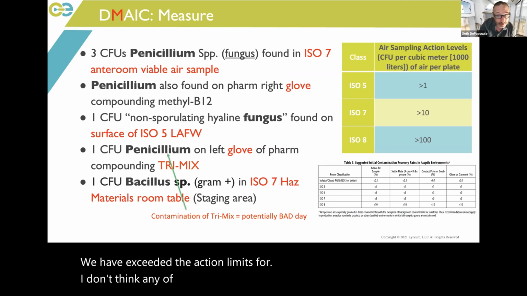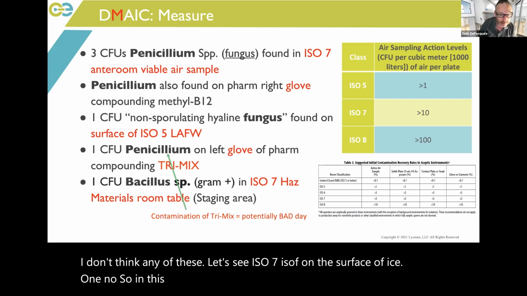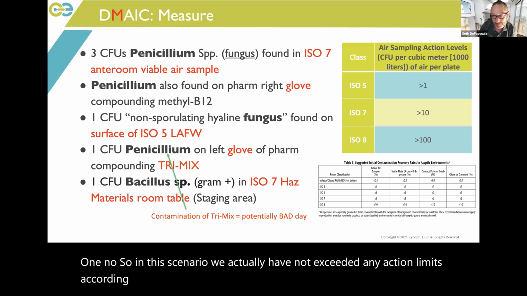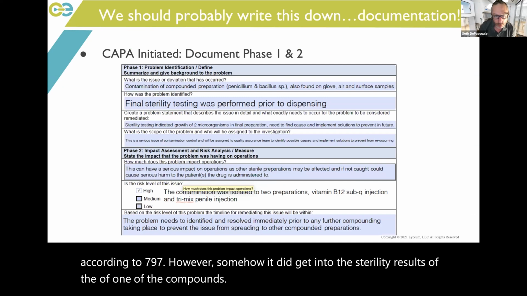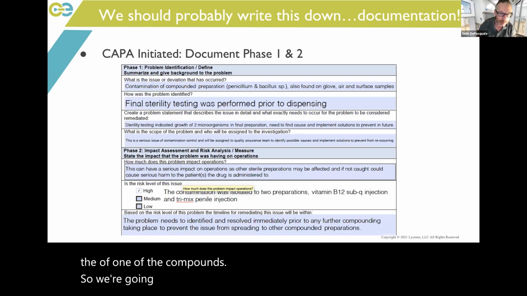ISO 7, ISO 5, on the surface of ISO 5, no. So in this scenario, we have not exceeded any action limits according to 797. However, somehow it did get into the sterility results of one of the compounds. So we're going to initiate a CAPA.